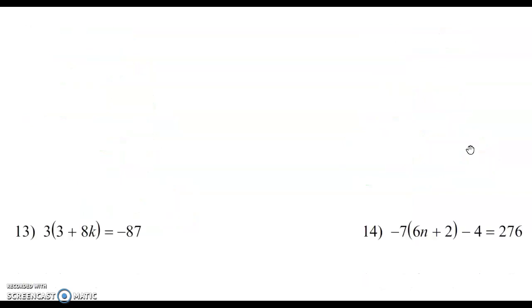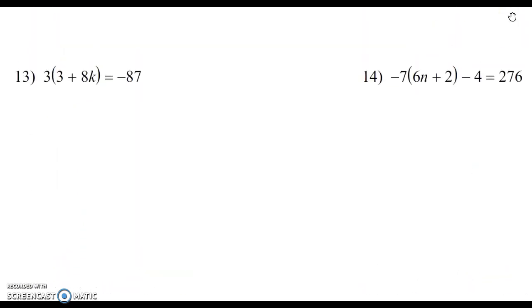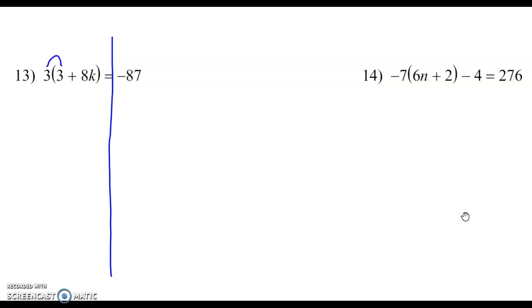Same concept on the next two. They're just a little more complex. Let's see. We would start by distributing for number 13. So 3 times 3 is 9. 3 times 8k would be positive 24k equals negative 87. Can't simplify anymore, so we start moving around.